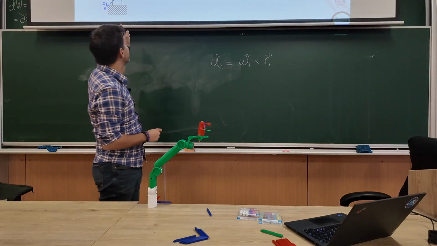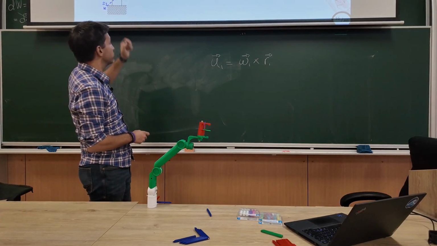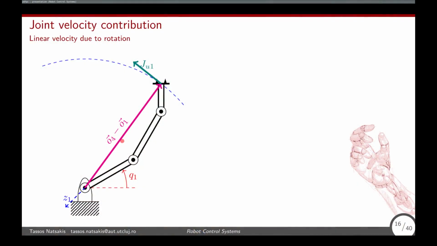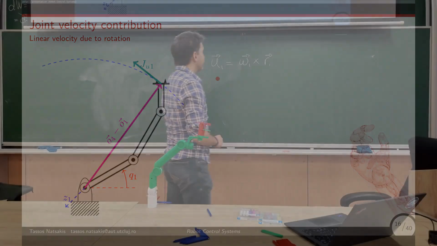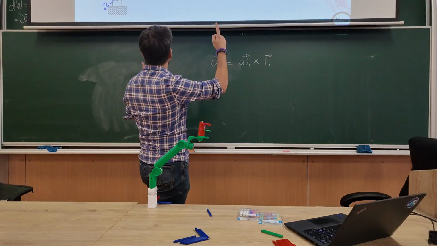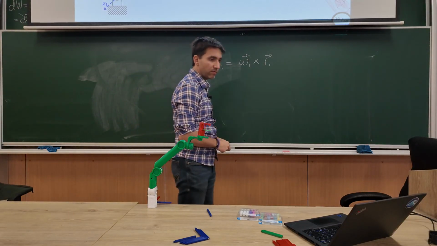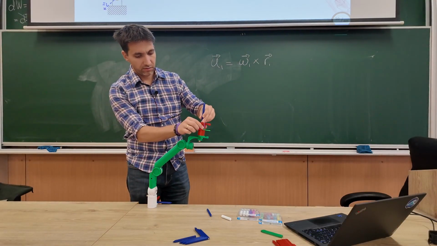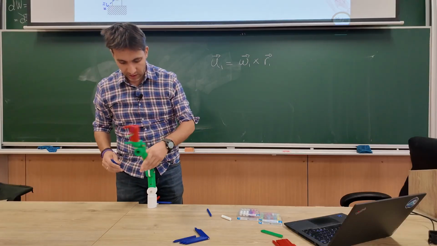Right. Now, what is this radius? So here I have this rotation around this axis. I have this radius. And then I have this basically circular motion, right? Producing this tangential velocity. Great. What is this radius? And maybe visualize it here as well for those that are more the visual types.